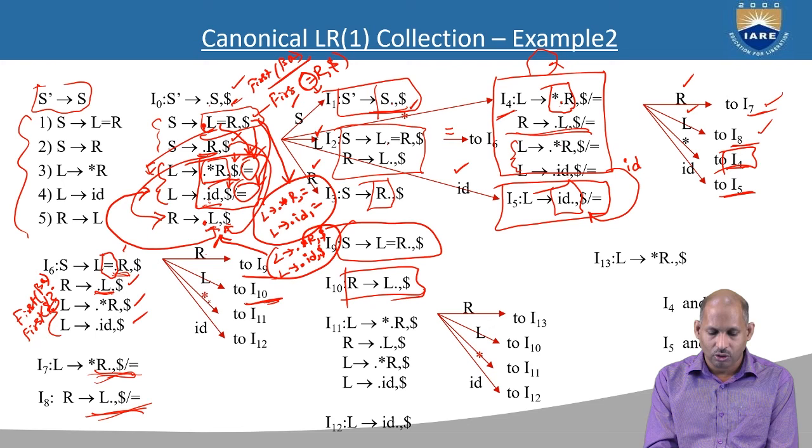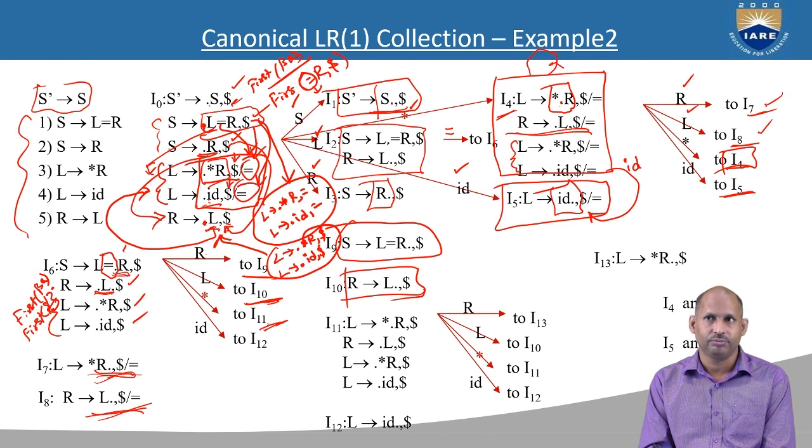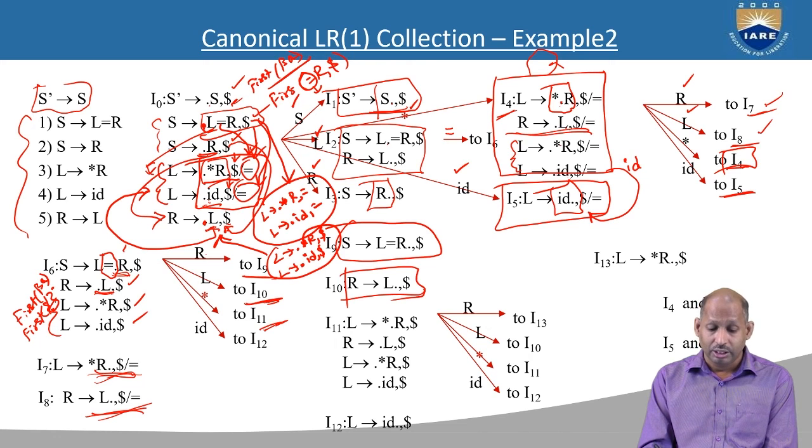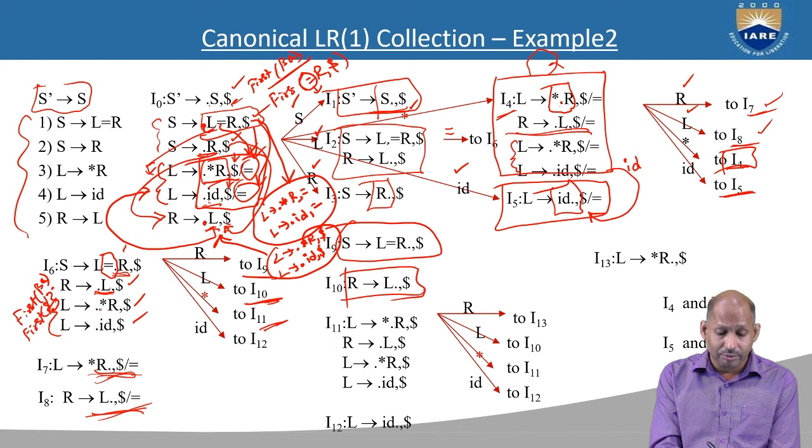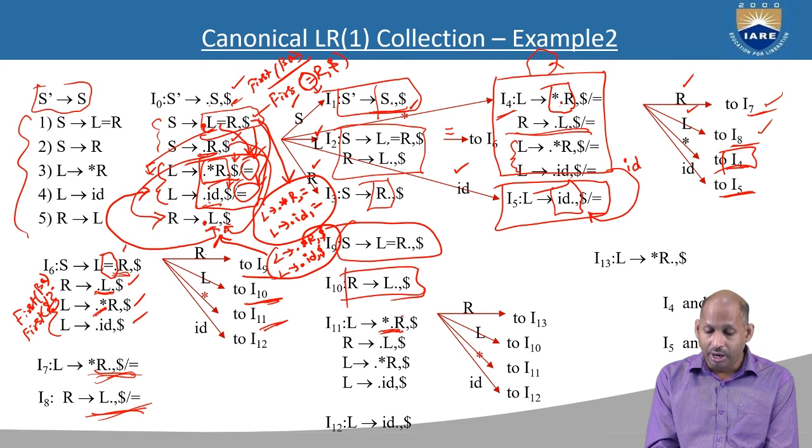Then on multiplication going to I11, dot multiplication changes to multiplication dot. R dot R, so add R production. Dot L, add L production.